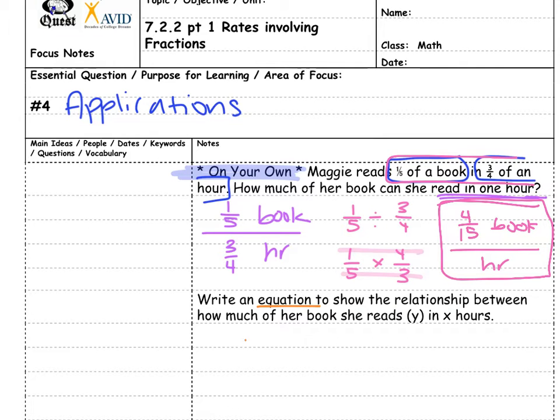So equation just is the same as our one from last unit. K, remember, is that number of our constant of proportionality, which was just a fancy way of saying unit rate. I have my unit rate from that first answer. So my equation is y equals 4/15 X.